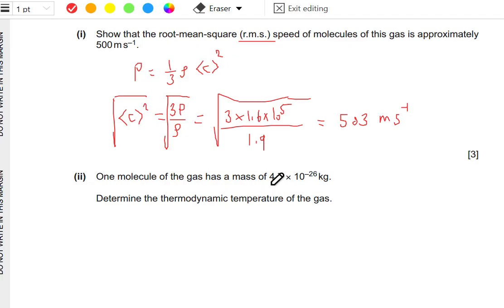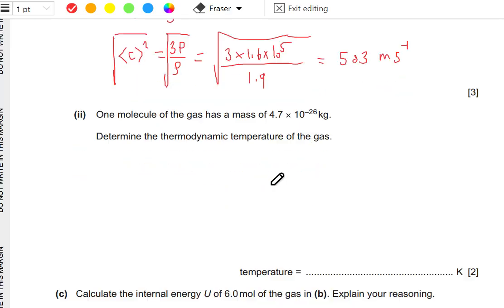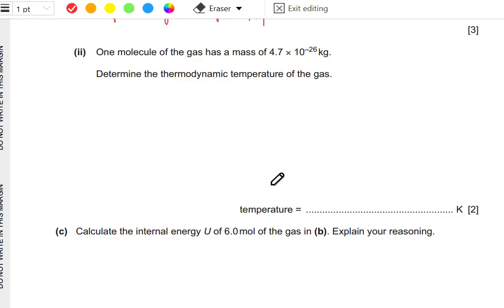One molecule of the gas has a mass of 4.7 times 10 to minus 26. Determine the thermodynamic temperature of the gas. So half m times c squared, which is the mean square speed of the molecules, equals 3 over 2 kT.